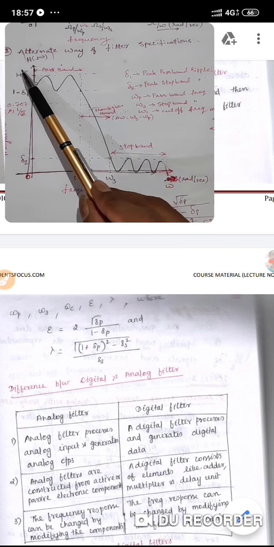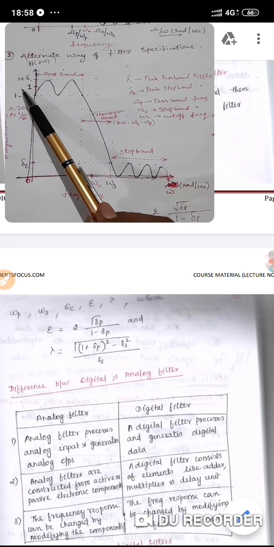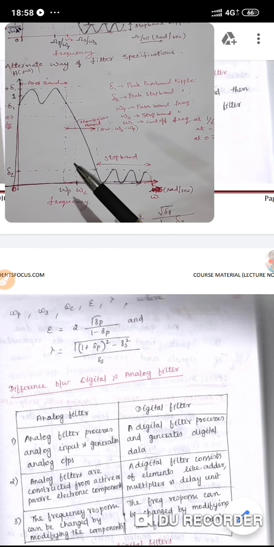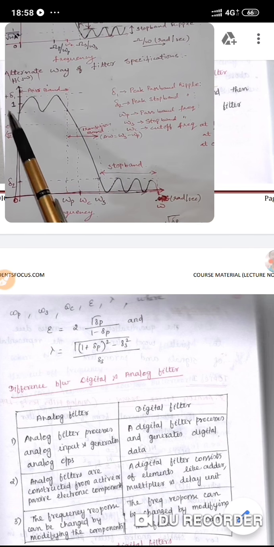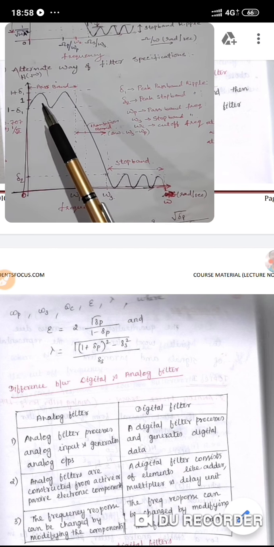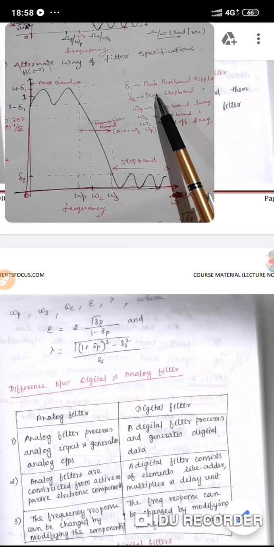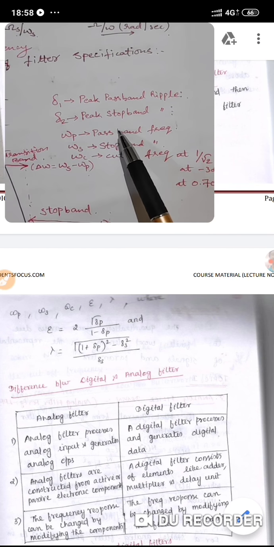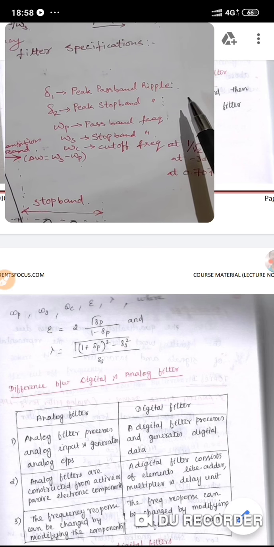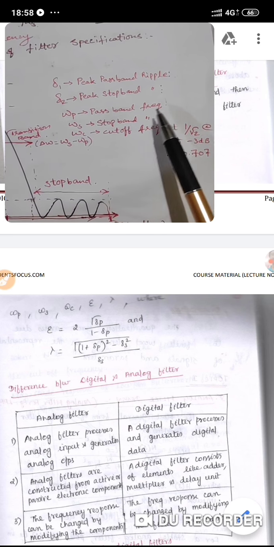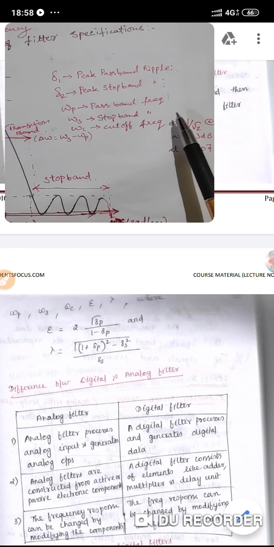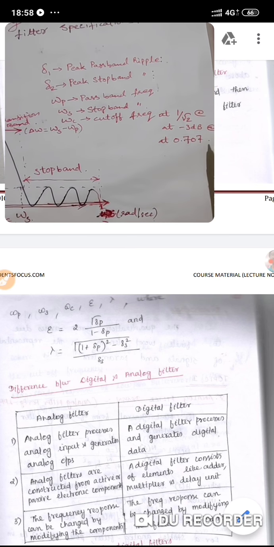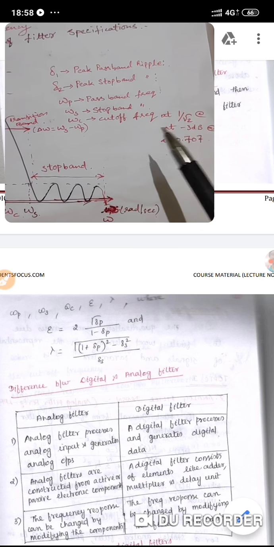Here we will take delta 1 and delta 2 in the alternate way of filter specifications, where delta 1 is the peak passband ripple and delta 2 is the peak stop band ripple, where omega p is the passband frequency, omega s is the stop band frequency, and omega c is the cutoff frequency at 1 by root 2, or minus 3 dB, or 0.707.